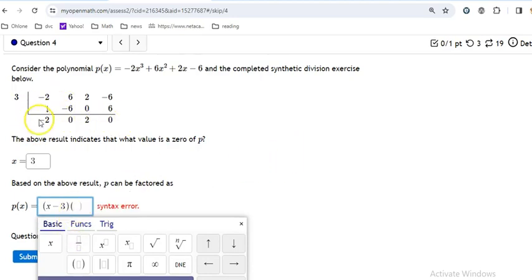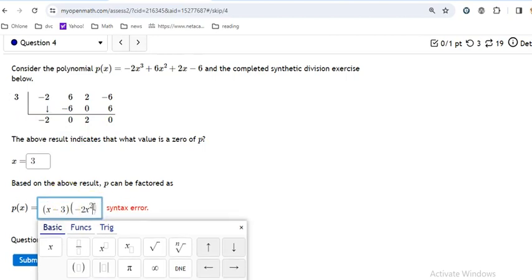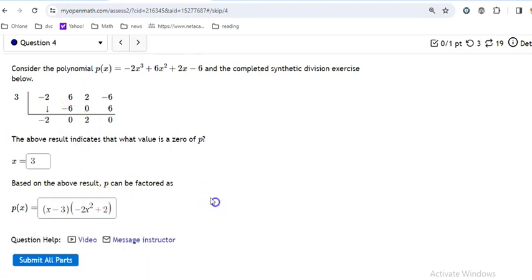The other factor is the negative 2, 0, 2, where this is 1 and x squared. So that means negative 2 x squared plus 2, no x, right? So I can use the result of a synthetic division to factor things.